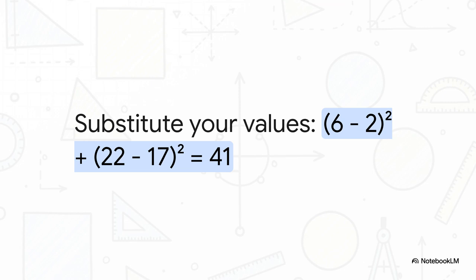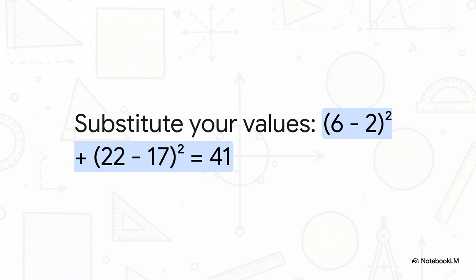Okay, so we've got our midpoints now. M is right there at (2, 17), and N is up at (6, 22). The next job? Finding the actual distance between them. We take the difference between our x-coordinates, square it, and then add it to the difference between our y-coordinates squared. Let's do it. 6 minus 2 is 4, and 4 squared gives us 16. 22 minus 17 is 5, and 5 squared is 25.